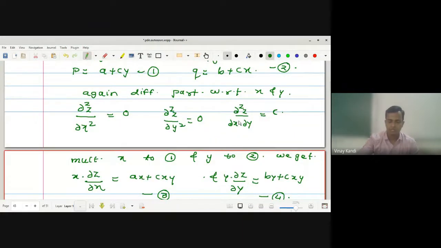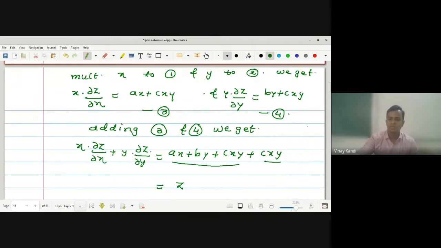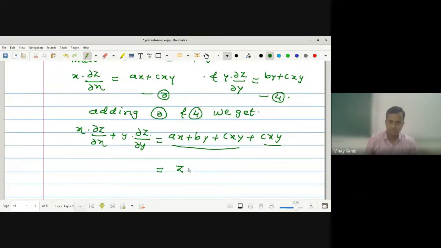Multiplying by xy, what do we get? x into y. So what is the value of cxy? It is ∂²z/∂x∂y into xy.